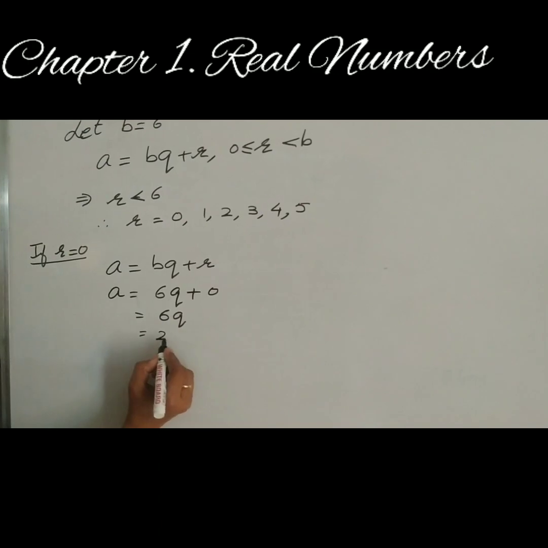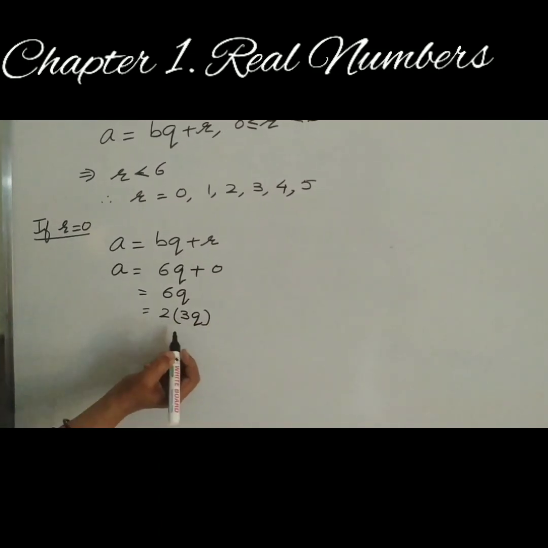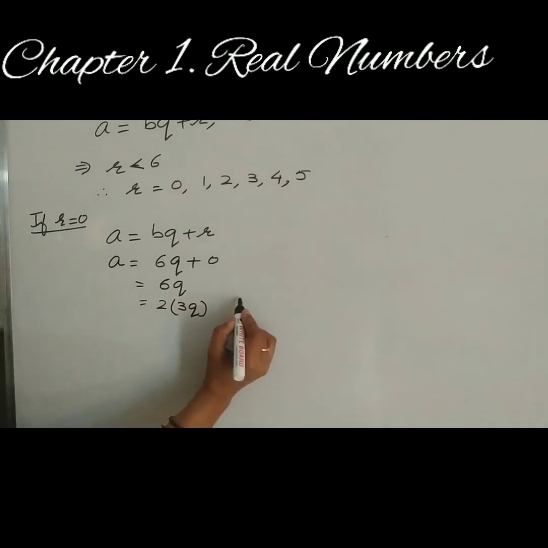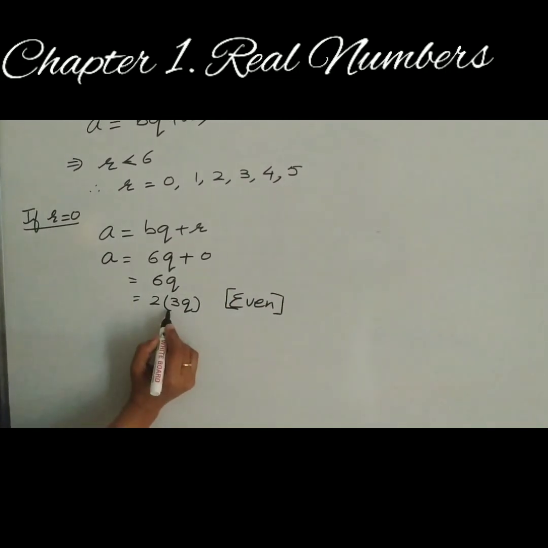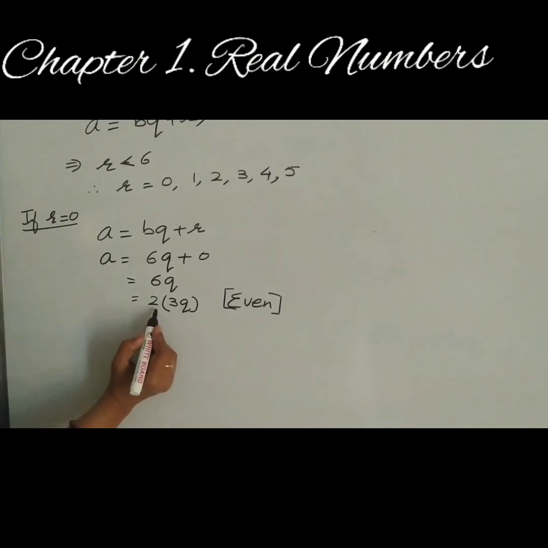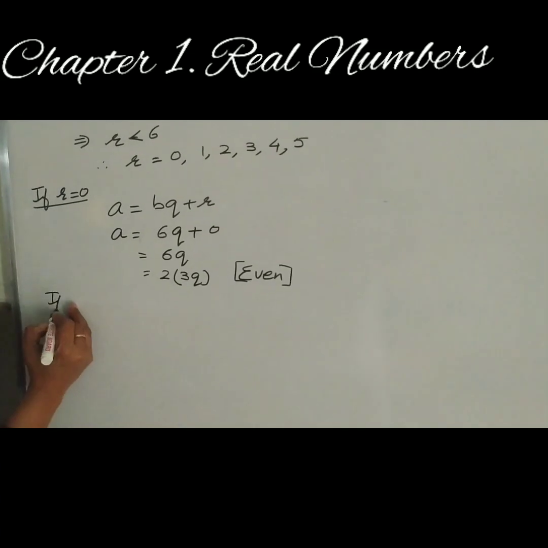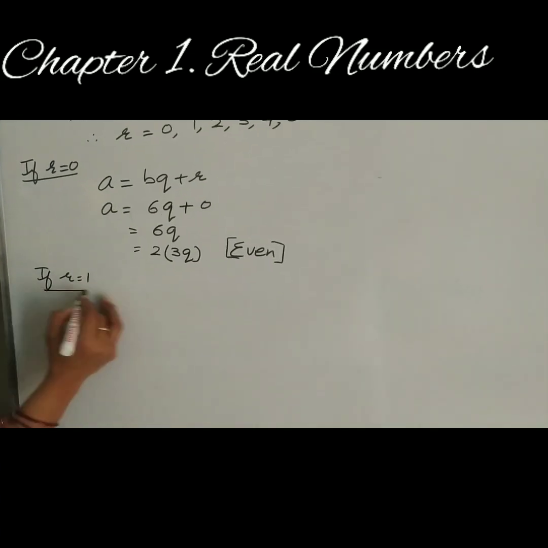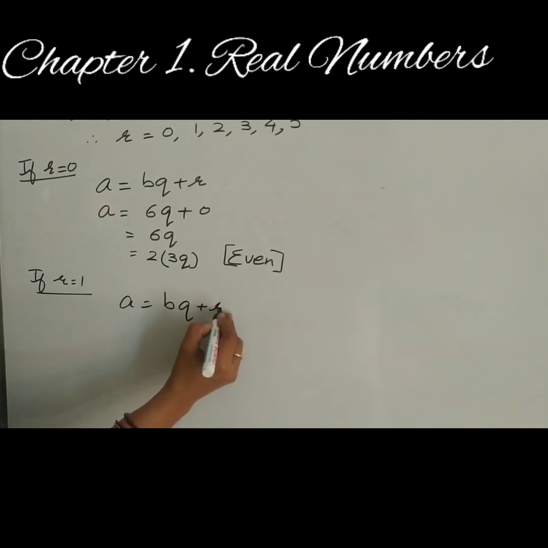6q, if I want to write, I can write it like this, 2 into 3q. Why? Because this shows this is an even number. Because if you multiply any number by 2, it is always even. Now, if r is equal to 1, so a is equal to bq plus r.